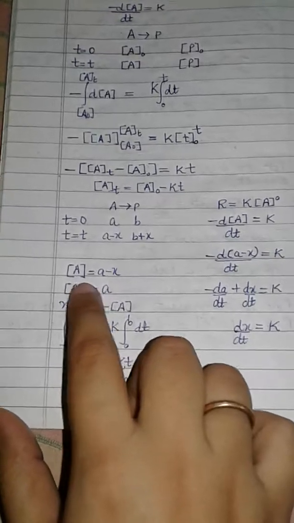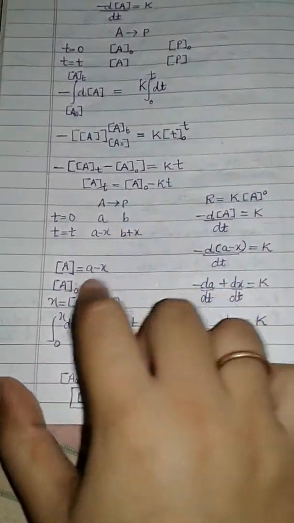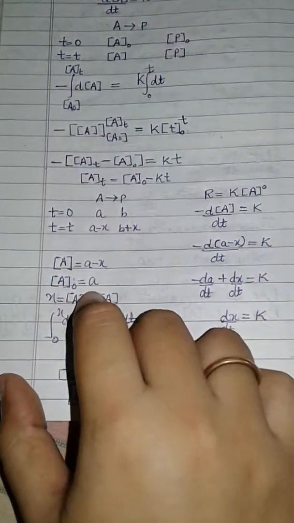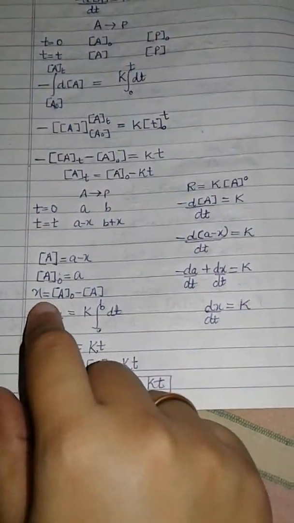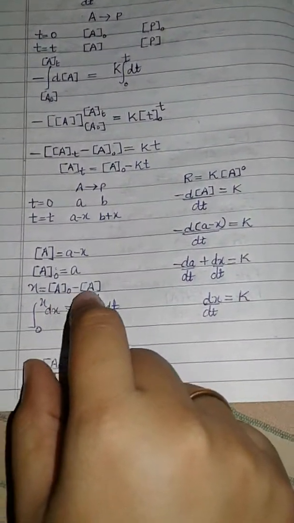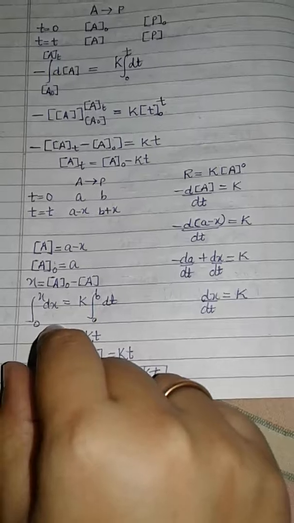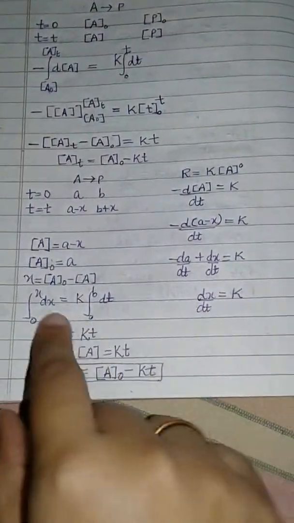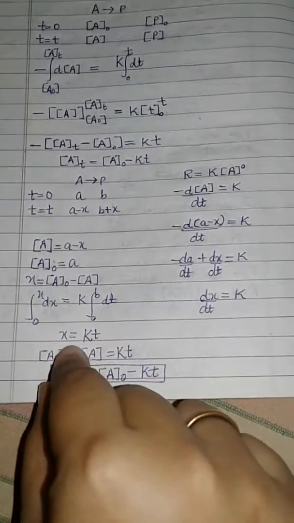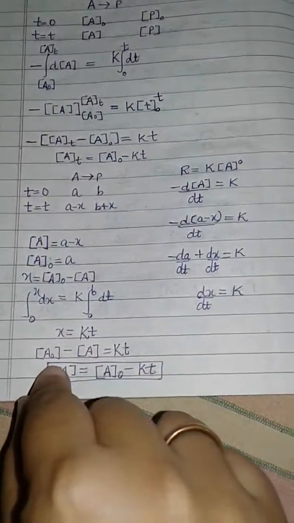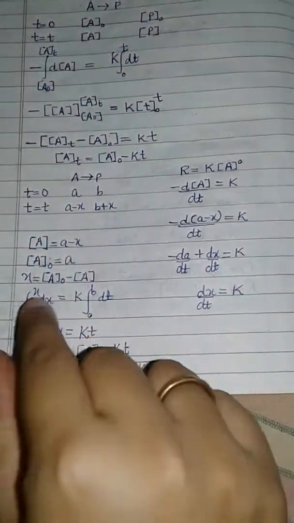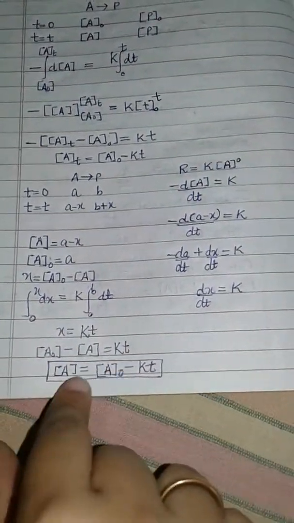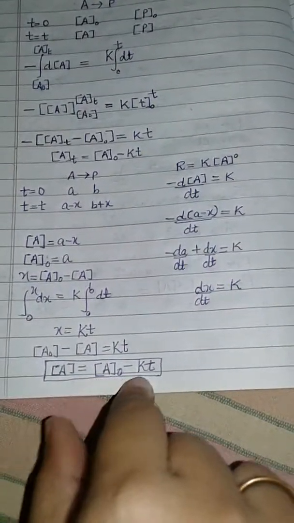So dx upon dt is k. Now A is equal to a minus x. Here a naught is equal to a initially, then x will be equal to a naught minus A. Then putting this value and integrating on both sides, x is equal to kt. Therefore, since x is a naught minus A, we get A is equal to a naught minus kt.